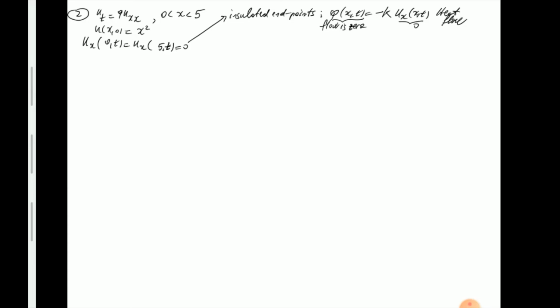That means there's no transfer of heat at the endpoints. So if the problem states in words that this is an object with insulated endpoints, that means you have Neumann conditions, right? u partial x at 0,t and u partial x at 5,t equals 0. Okay, so let's get to solve it.